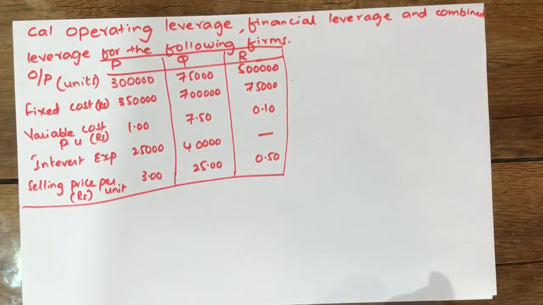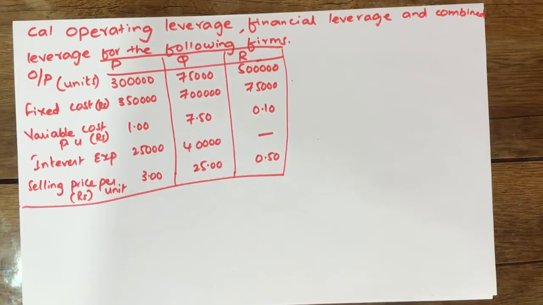Leverage is commonly used to describe the firm's ability to use fixed cost assets or sources of funds to magnify the returns to its owners. It is of two types, operating leverage and financial leverage. The product of these two is called combined leverage or composite leverage. Now, what is operating leverage?